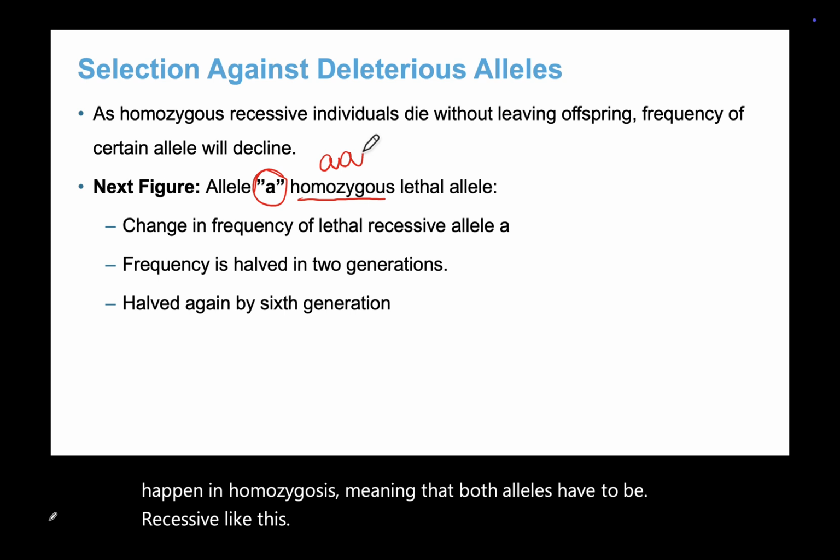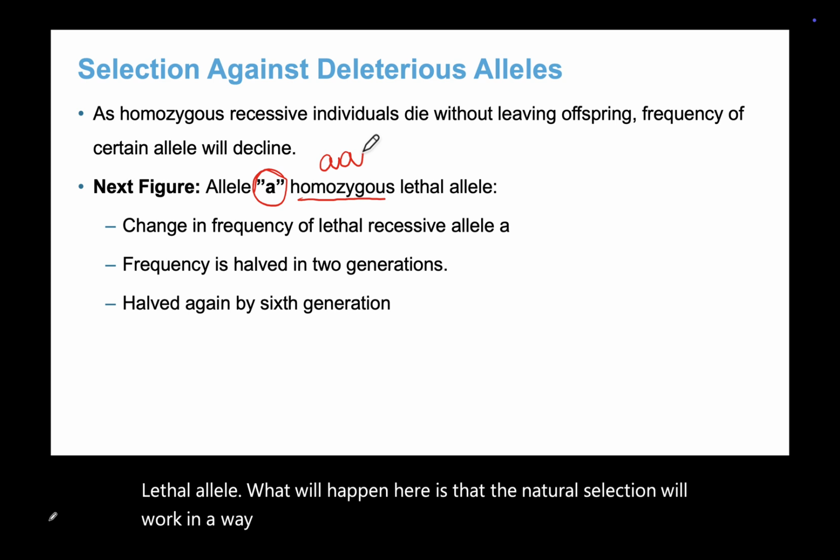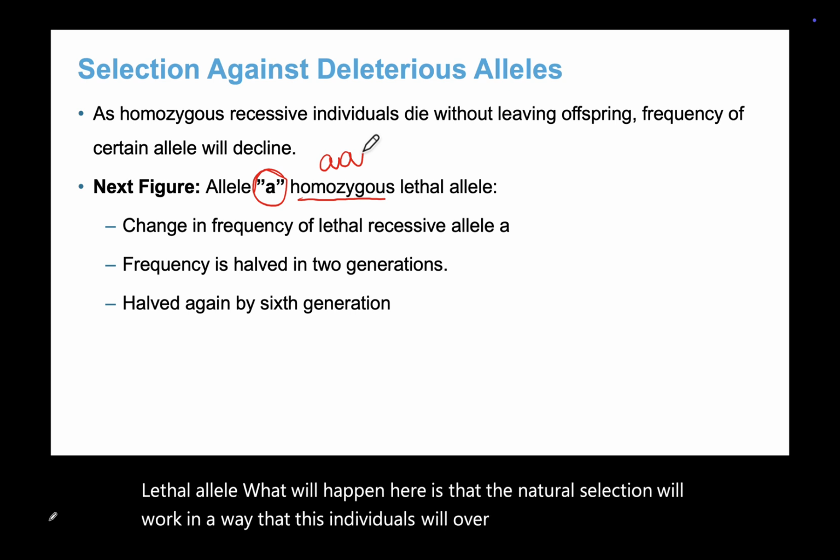Because this is a lethal allele, what will happen here is that the natural selection will work in a way that these individuals will over time be less numerous in that population.